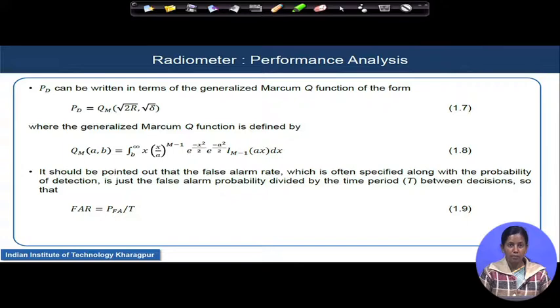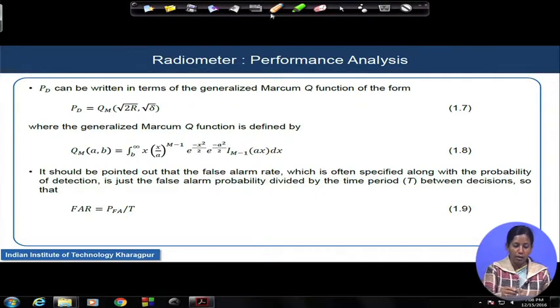The detection probability PD can also be expressed in terms of the Marcum Q function, as shown in equation 1.7, where the Q function can be expanded as in 1.8. It is also important to know another factor related to the detector design, which is the false alarm rate.